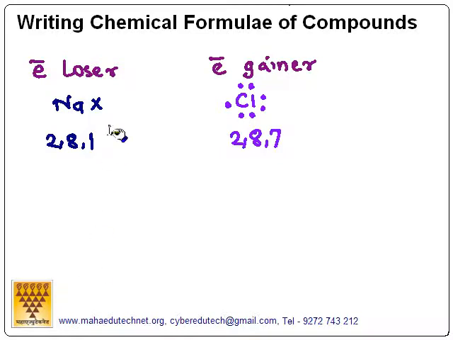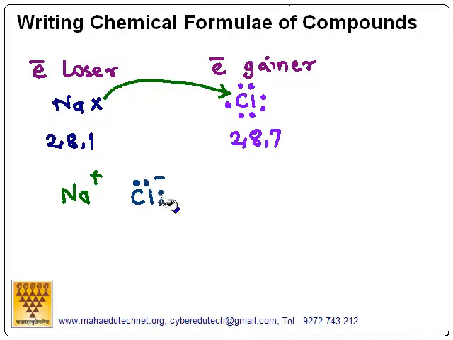So sodium can give this electron to chlorine so that it completes its octet state. Hence, sodium will become a positively charged ion having a unit positive charge on it, and chlorine will become a negatively charged ion with a unit negative charge on it, having 8 electrons in its outermost orbit.